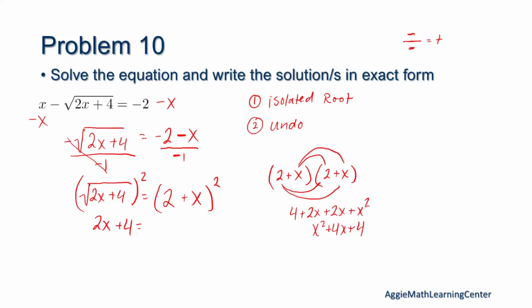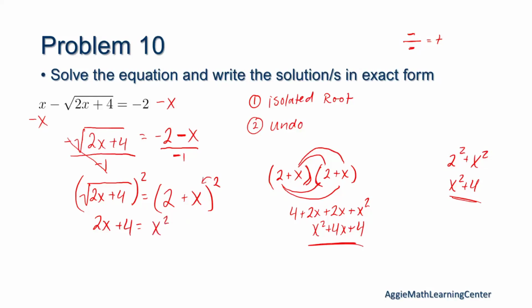A common mistake I see is people just bring the 2 in and say it's the same as 2 squared plus x squared, so x squared plus 4. These two things are not the same thing. When we're squaring those expressions, be sure you're actually expanding it all the way. Don't just bring the 2 in. That's not how exponents work. Be careful. Gets me to this day.